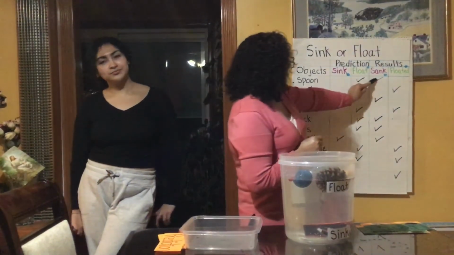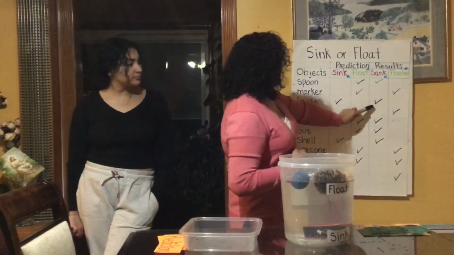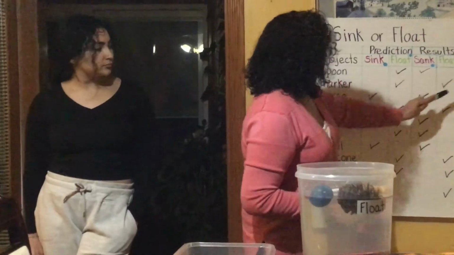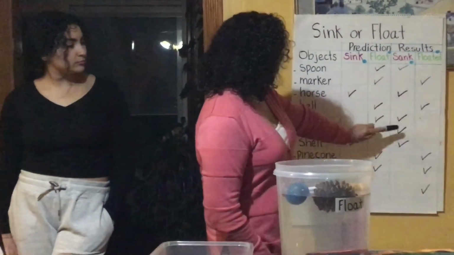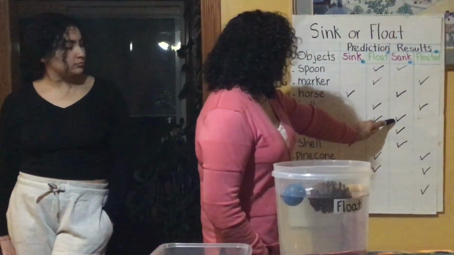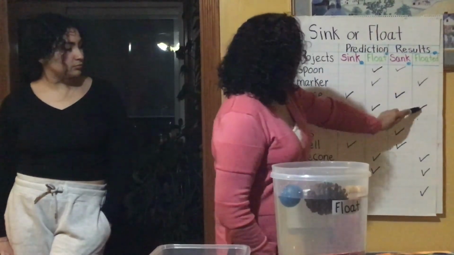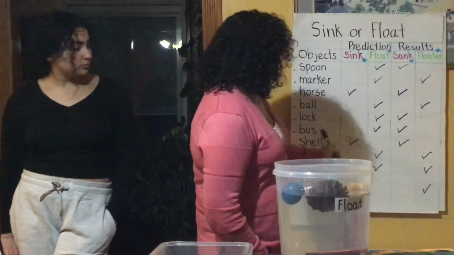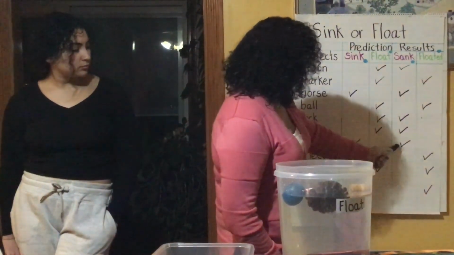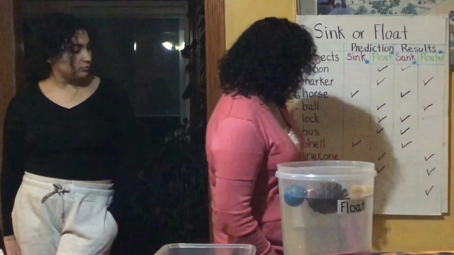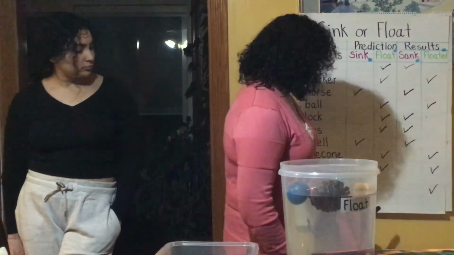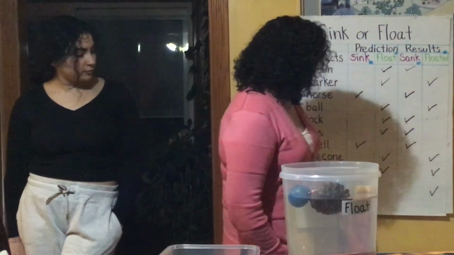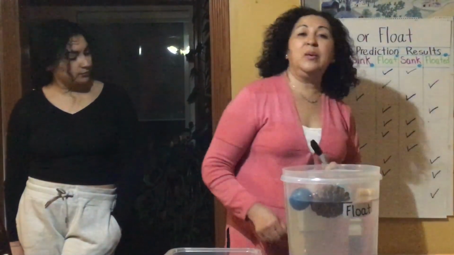The spoon sank, the marker floats, the horse sank, the lock sank, the little ball floats, the bus sank, the shell sank, the pine cone floats, the bottle floats, and the cork floats.